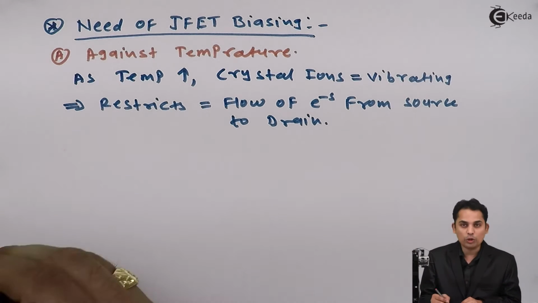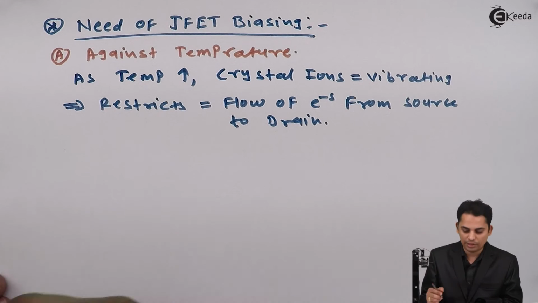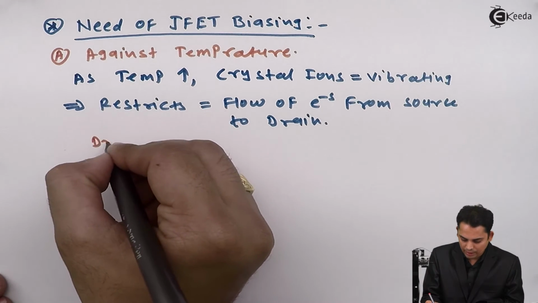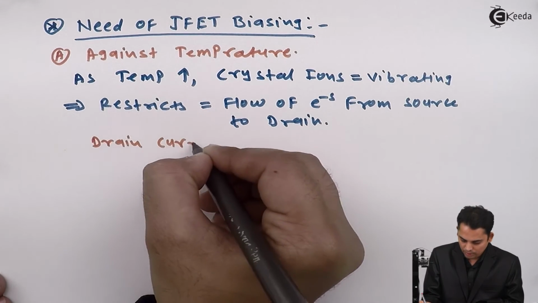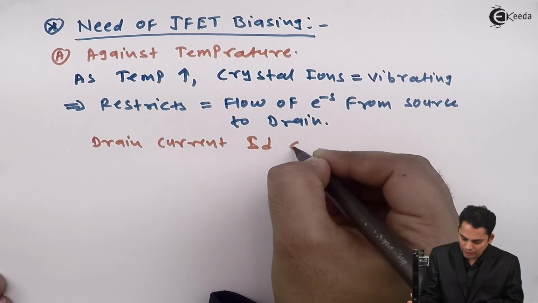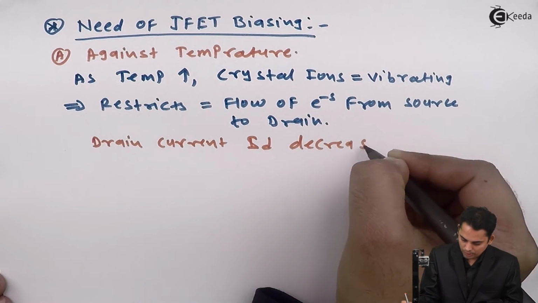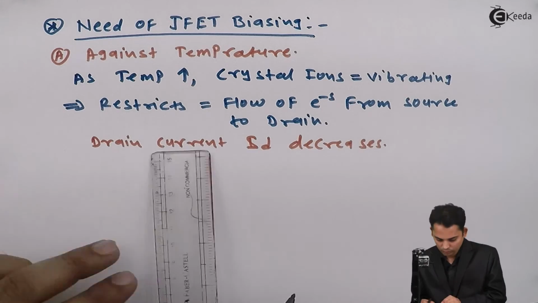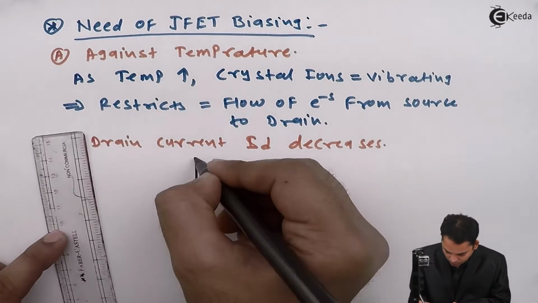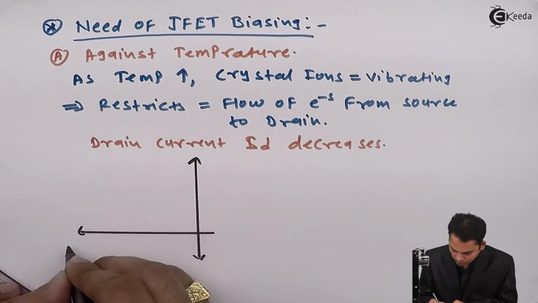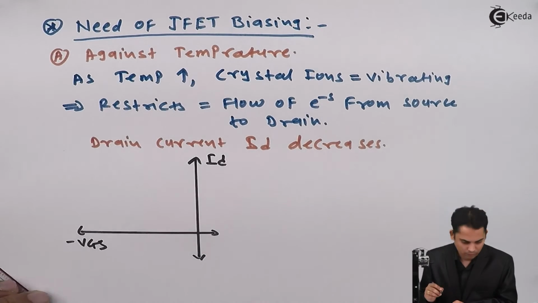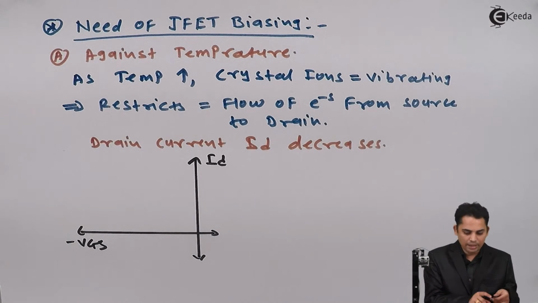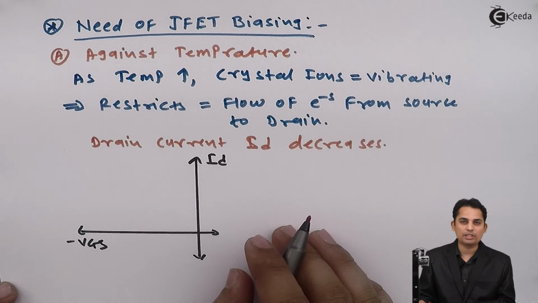Ultimately, as temperature is increasing, drain current ID decreases, which can be shown with the help of the following graph. Now drain current ID is decreasing as temperature is increasing.